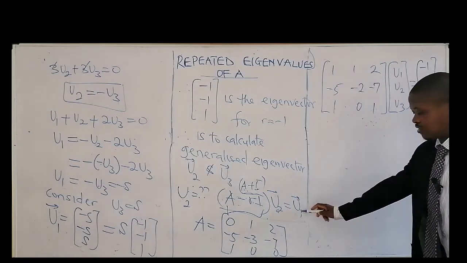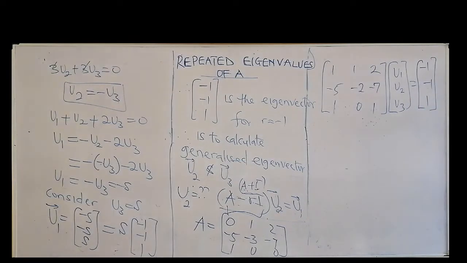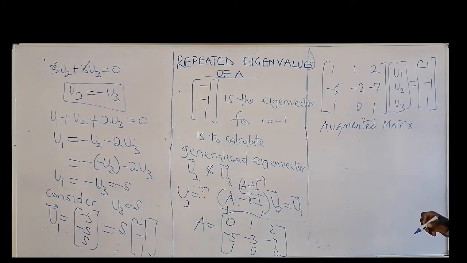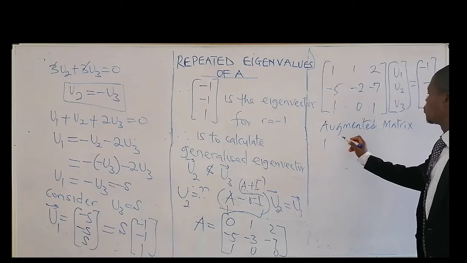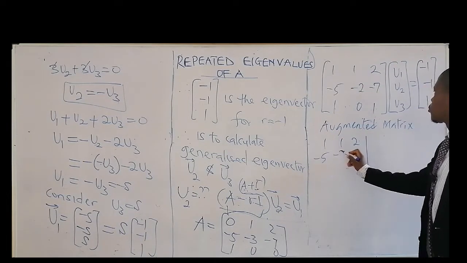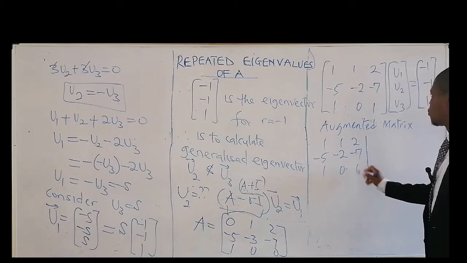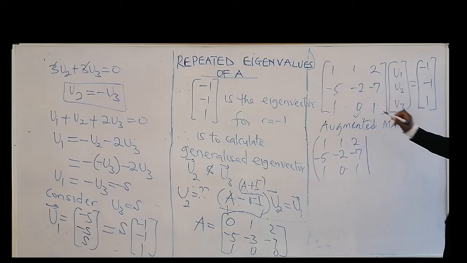So in this case, it's not 0, 0, 0. So we have the value for u1. Okay, so augmented matrix: we have 1, 1, 2, minus 5, minus 2, minus 7, 1, 0, 1. We are combining this one with this one, so that's minus 1, minus 1, 1.